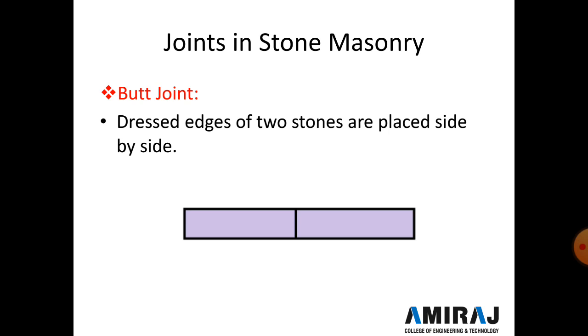Similarly in stone masonry, dressed edges of the two stones are placed side by side. So here two stones seen in the figure, two stones are near to each other and between the two stones we join with a mortar like cement mortar or lime mortar.